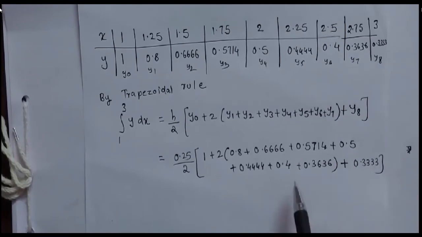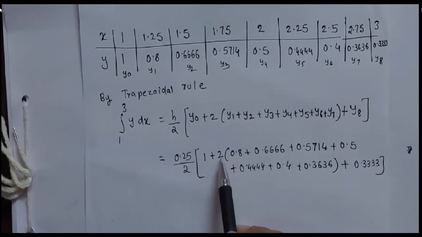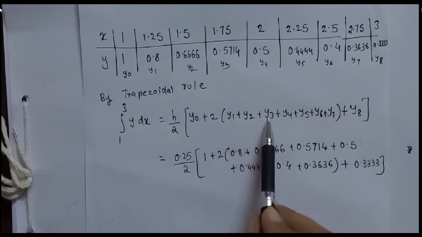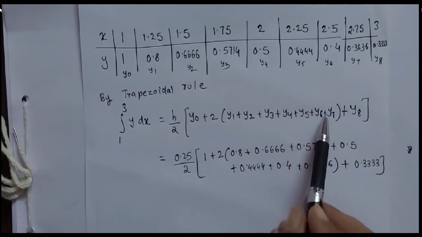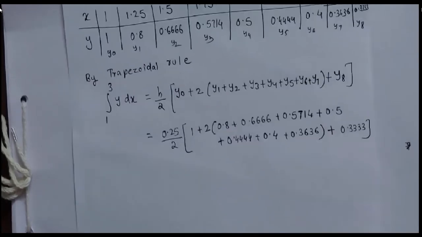You should write properly the bracket because twice is only for y1, y2, y3, y4, y5, y6, y7. It is not for y8.